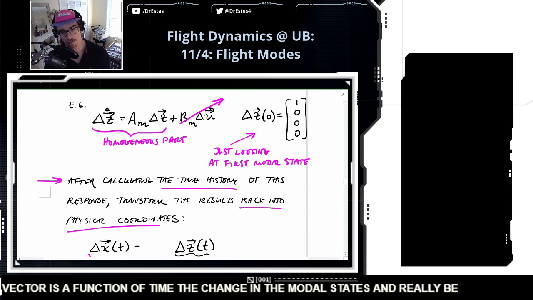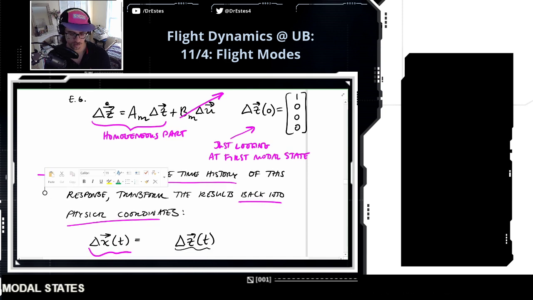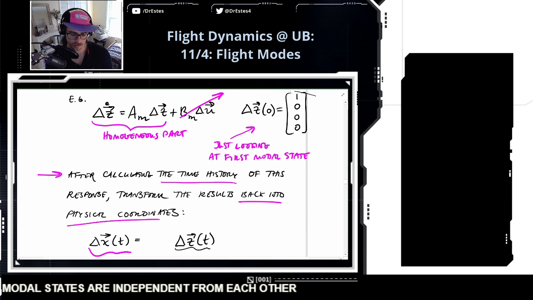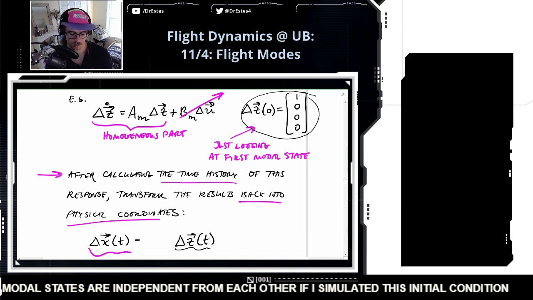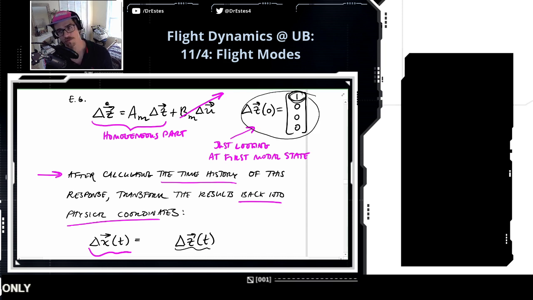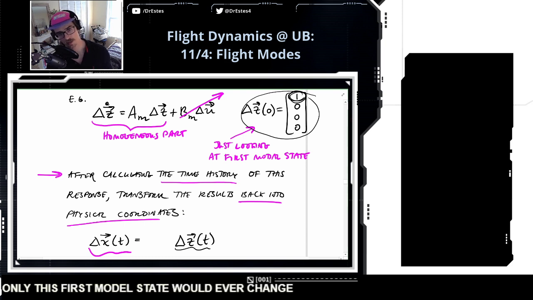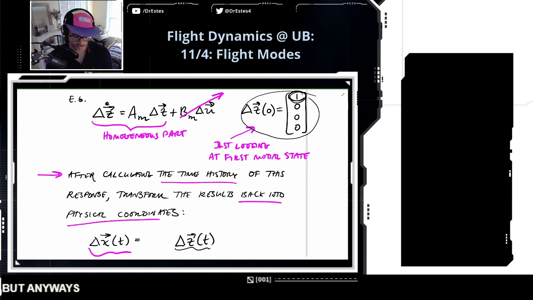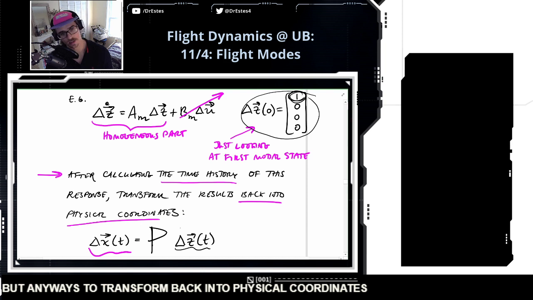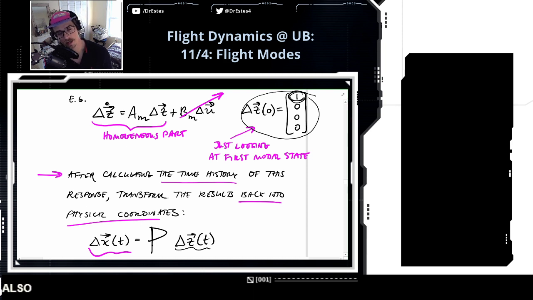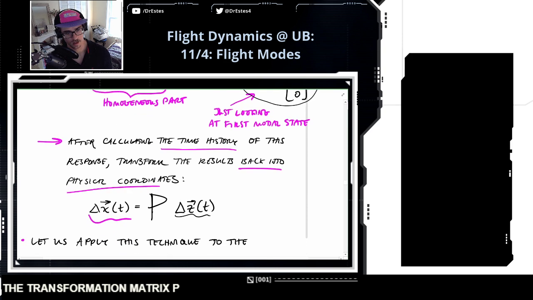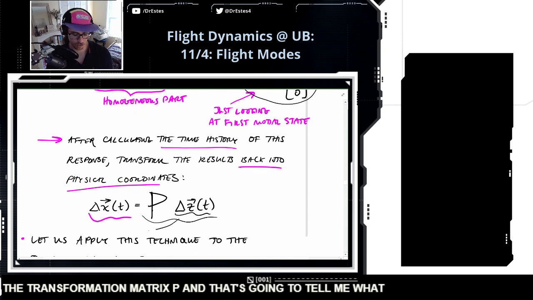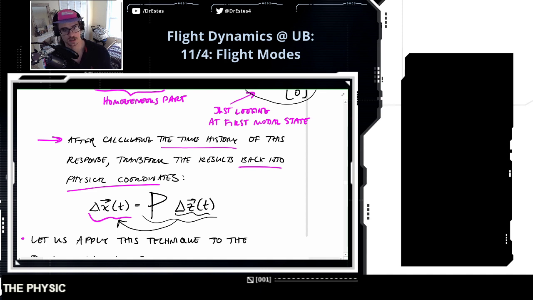And really, because the modal states are independent from each other, if I simulated this initial condition, only this first modal state would ever change. The rest of them would be 0. Okay, but anyways, to transform back into physical coordinates, I take that time series, I multiply it by the transformation matrix P. And that's going to tell me what that mode looks like in the physical space.